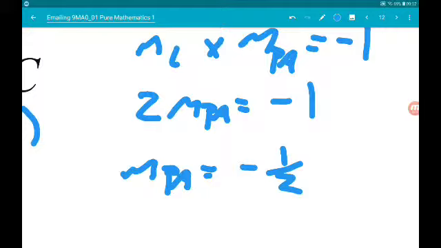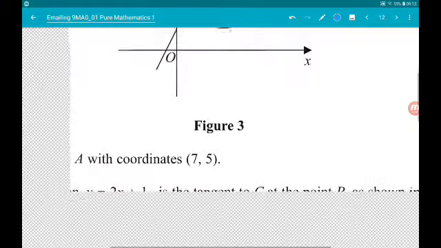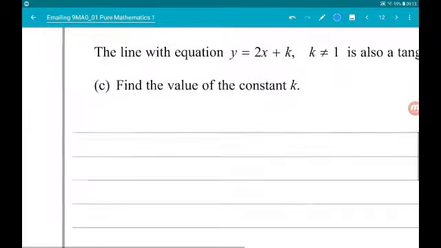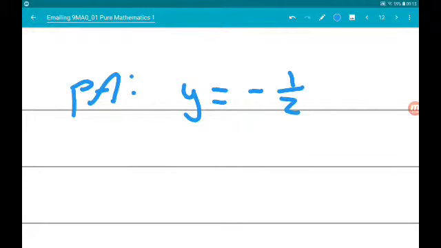Now at this point, we could use y minus y1 is m times x minus x1, or we can use y equals mx plus c. So I'm going to use mx plus c. So we know then, let's go down here where we have more room, PA is such that y is equal to minus 1/2 x add c.